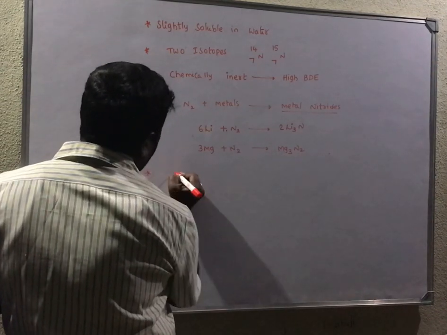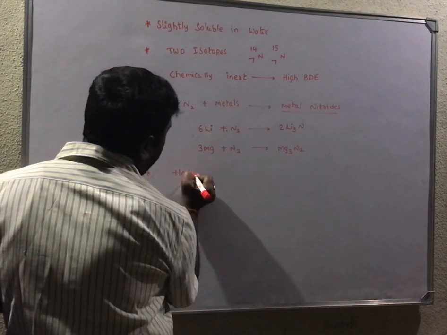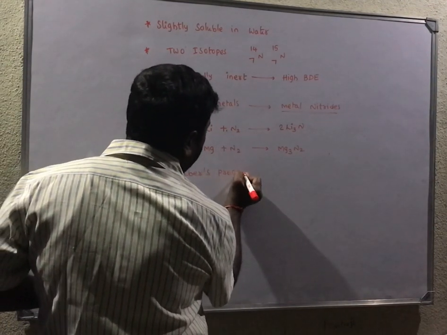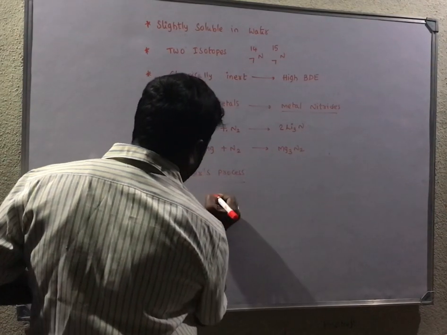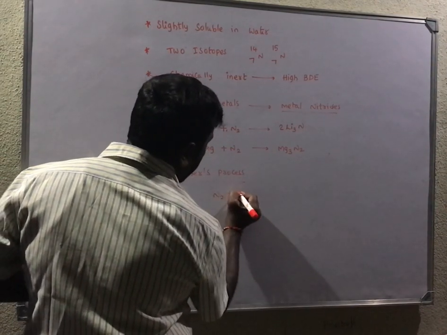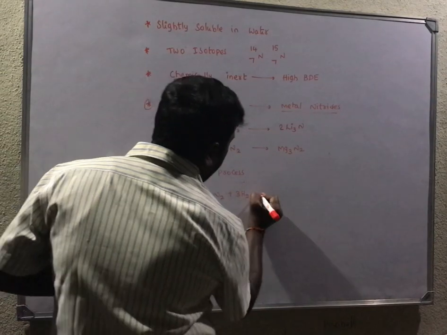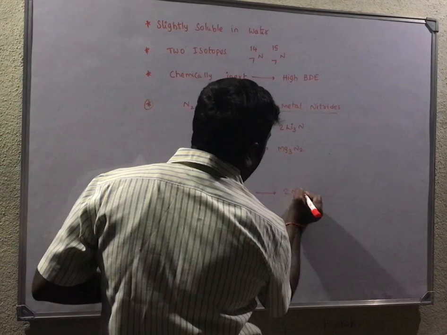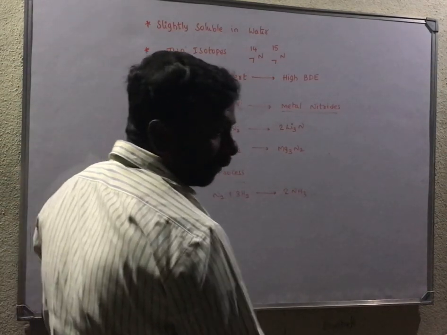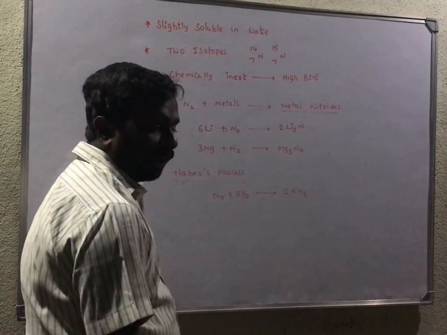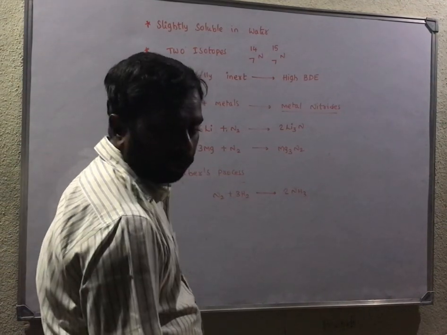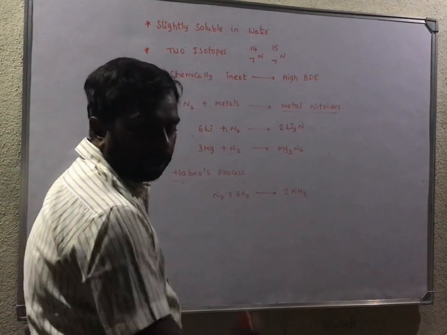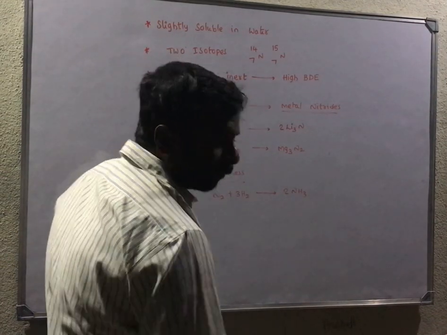Here the very important process is Haber's process. What is Haber's process? Nitrogen reacts with 3 moles of H2 to form 2 moles of NH3. N2 plus 3H2 gives 2NH3. The industrial preparation of ammonia is named Haber's process.